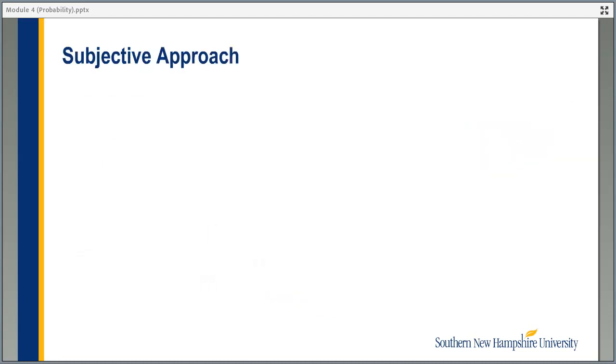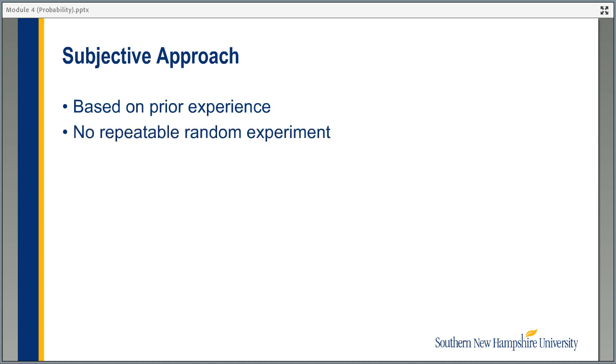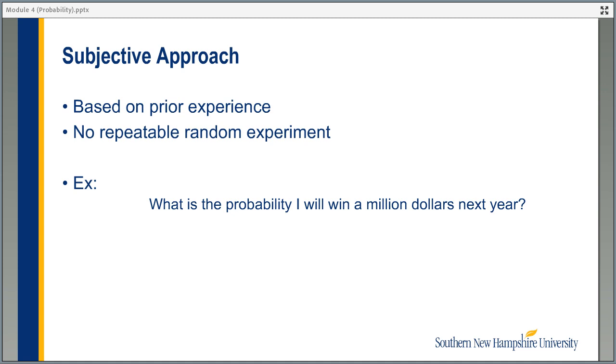And finally, we had the subjective approach. This is based on prior experience, and there's no repeatable random experiment that we can use. One example may be, what's the probability that I will win $1 million next year? How can we solve this?